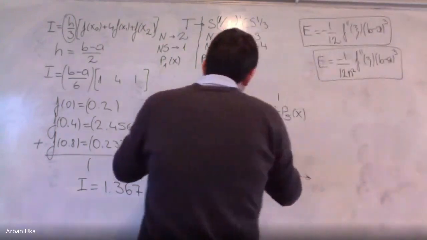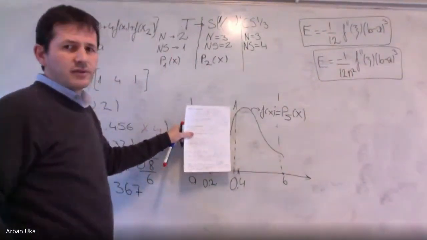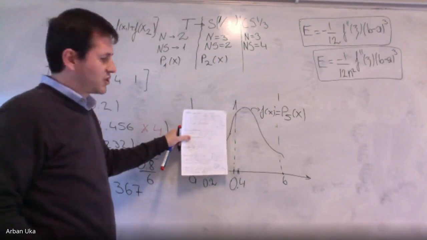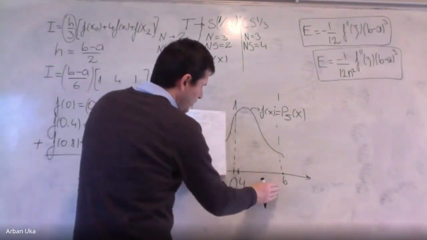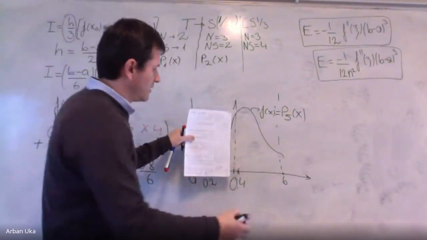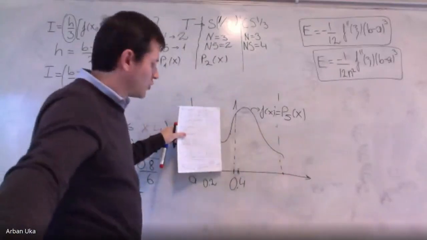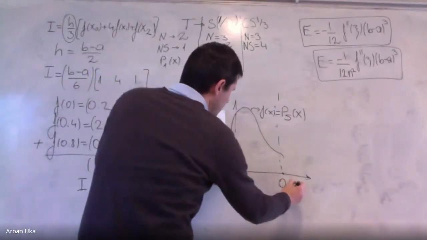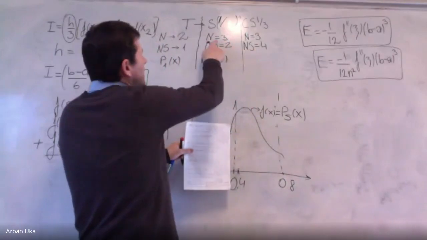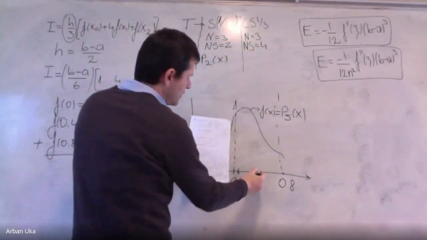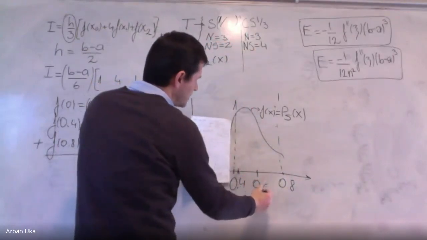Then we move and we look at the other half, okay? We look at this part of the function. We start from 0.4 to 0.8. From 0.4 to 0.8, we need to do the same. What is the number of points? Number of points is 3. So we need the third point, which is 0.6.